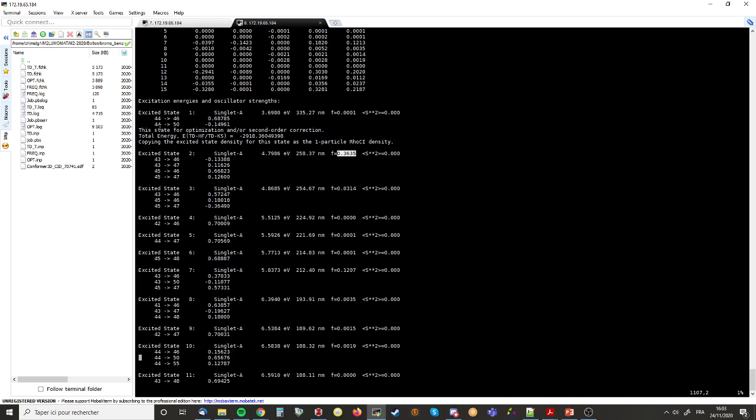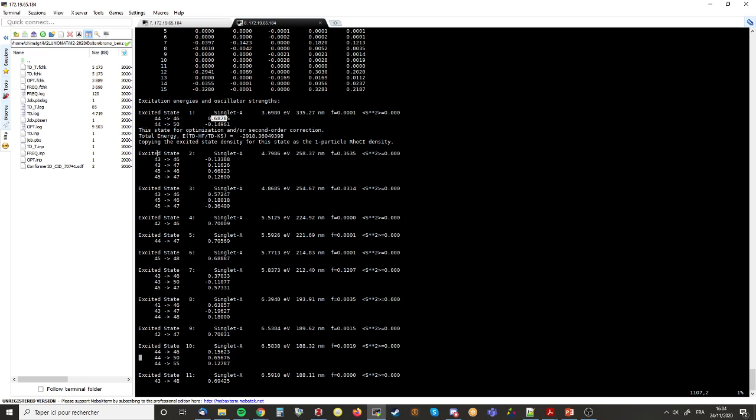So another thing, the first excited states, many times the compounds, the experimentalists say it's HOMO-LUMO. Here you have the orbital 44 to 46. And 44 is HOMO minus 1, 46 is LUMO, so you have a good coefficient on the HOMO minus 1 to LUMO.